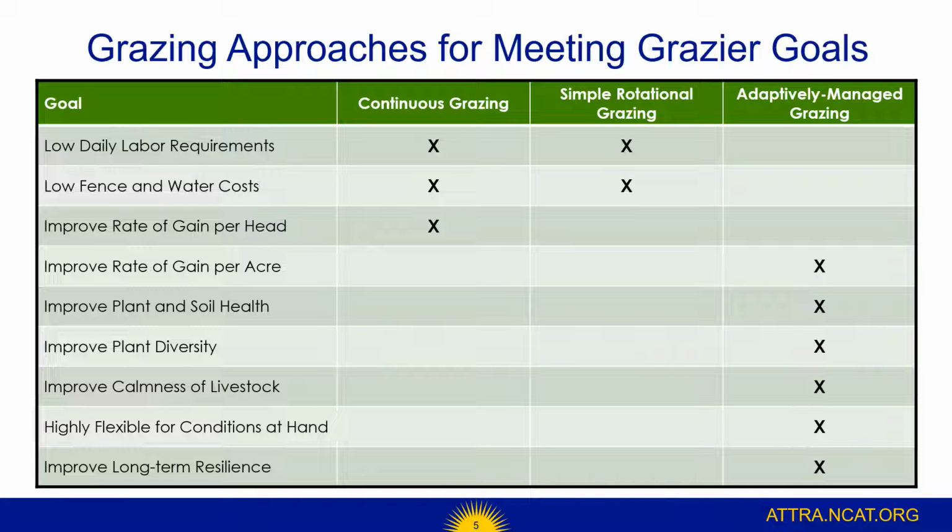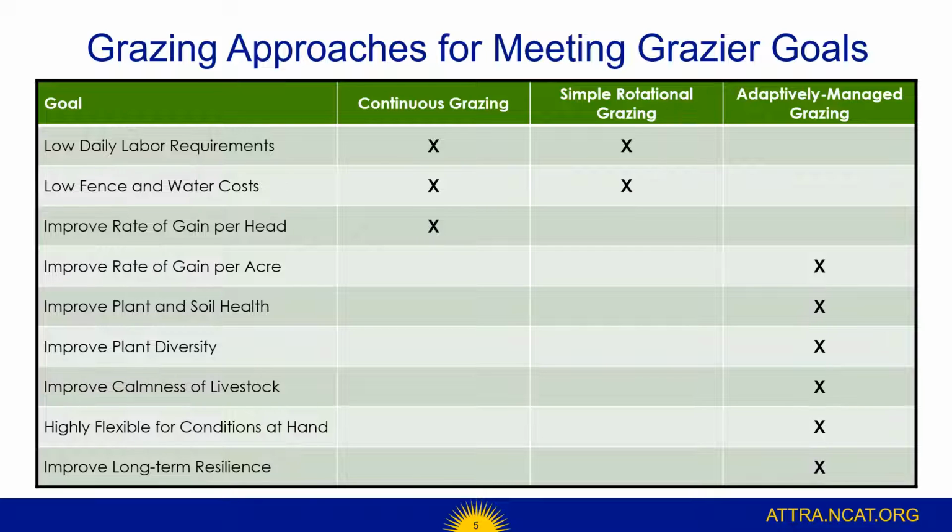So what I decided to do was create a simple chart that basically shows, okay, if you have very limited ability to go out there and move portable fence, for example, or if you're really looking for the minimal amount of fencing and water development costs, then you're probably going to be looking at something where, well, I can't really move animals that well.